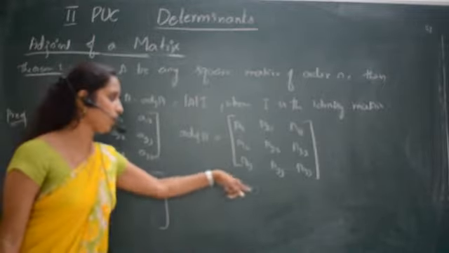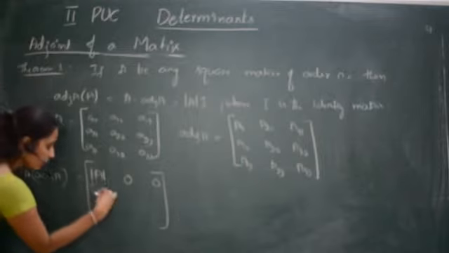Similarly, second row and first column is multiplied with another row, so it will be 0.